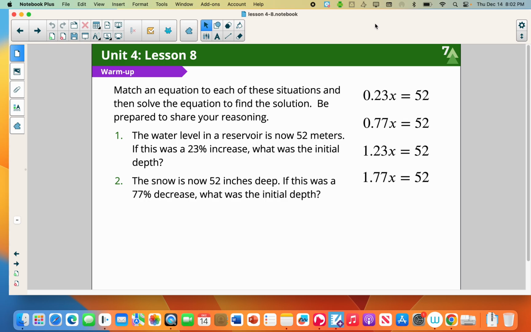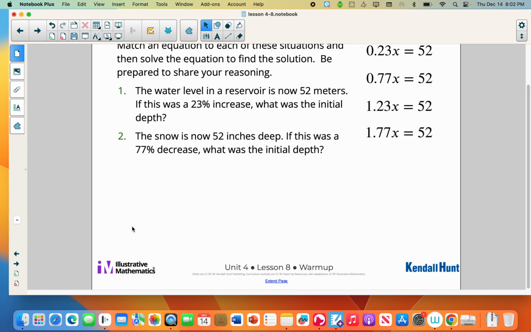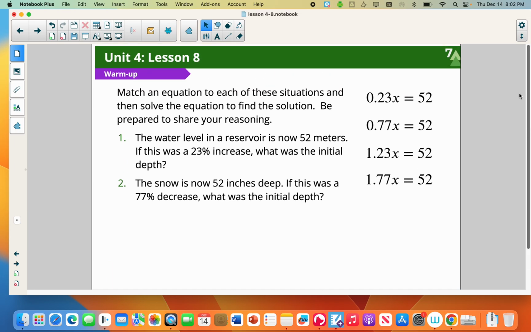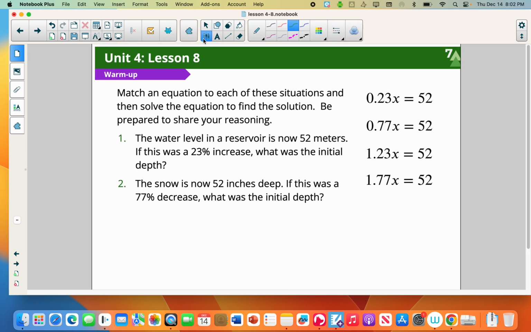So the first one, the water level in a reservoir is now 52 meters. If this was a 23% increase, what was the initial depth? So I'm going to start by making a table to help me make my equation.